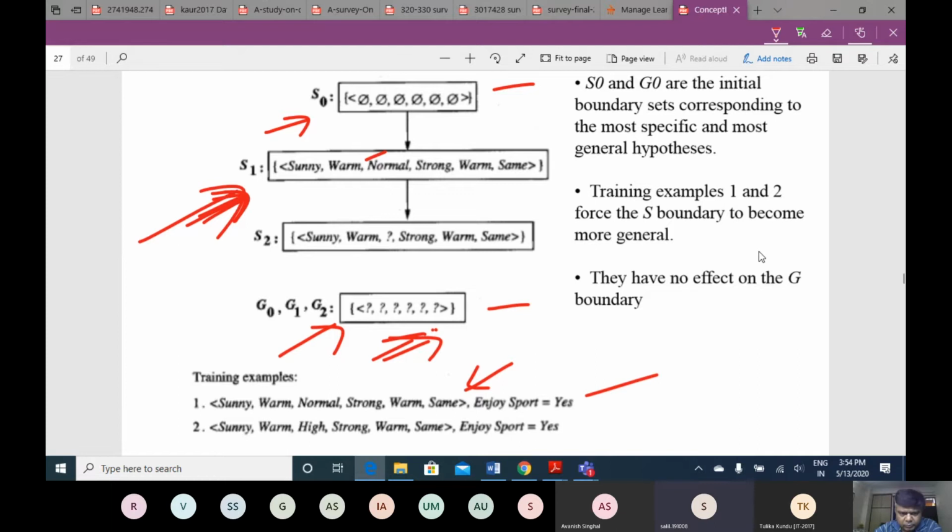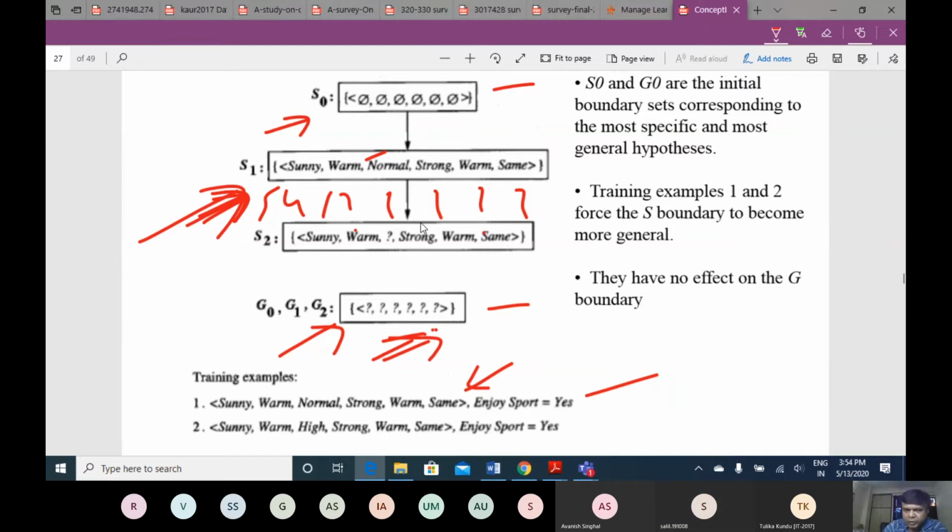Sir, what we can do is we can replace any one of these variables with a question mark. So if I say Sunny here and question mark, question mark, question mark, question mark, question mark. So this is another hypothesis which lies between these two, which is less general than this and more specific than this.